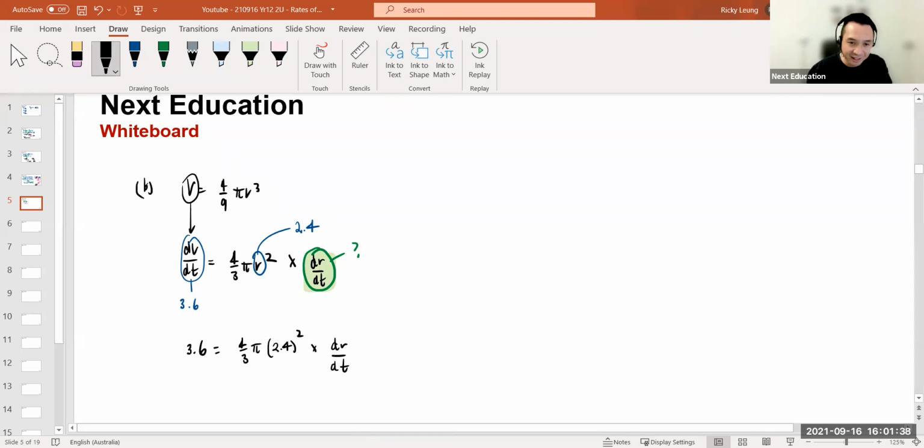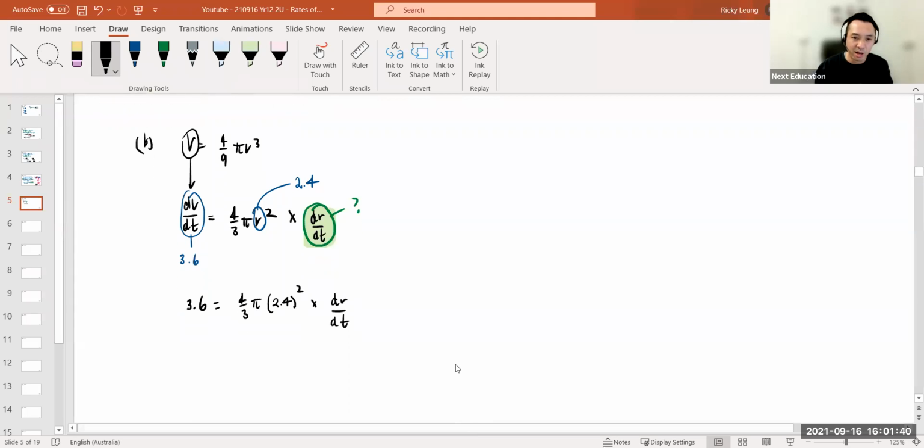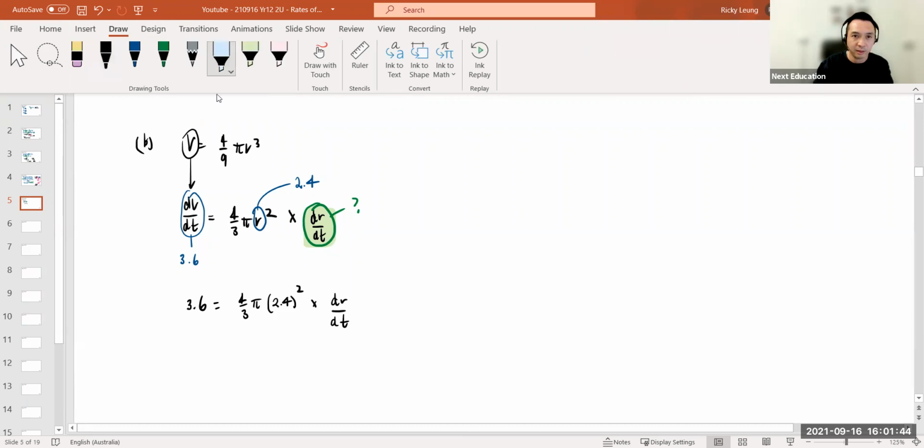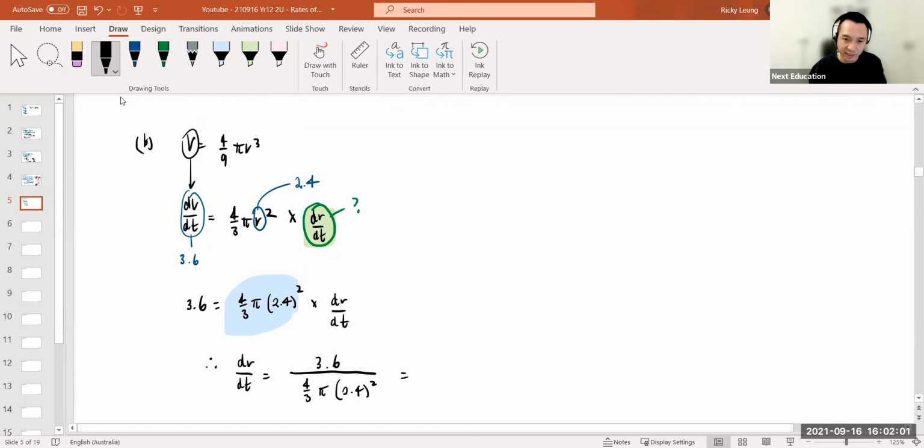Chuck this part over the fence to isolate dr dt. Now I'm just going to write it like this, divided by 4 on 3 pi times 2.4 squared. Punch in the calculator, to 1 dp, I think it's 0.1 meters per second.